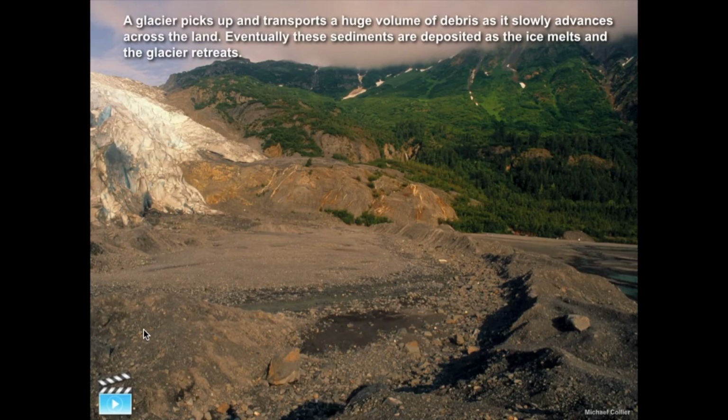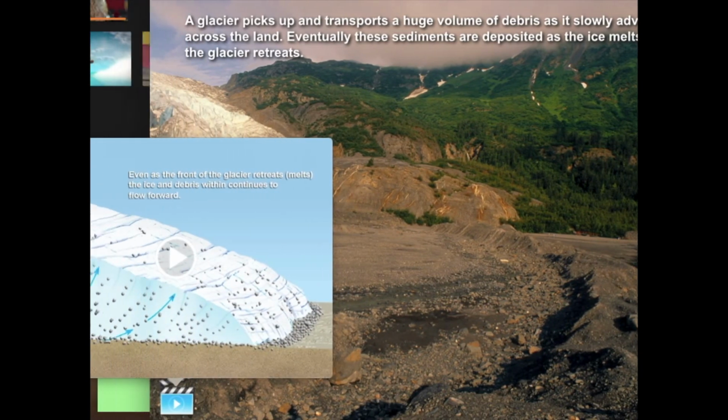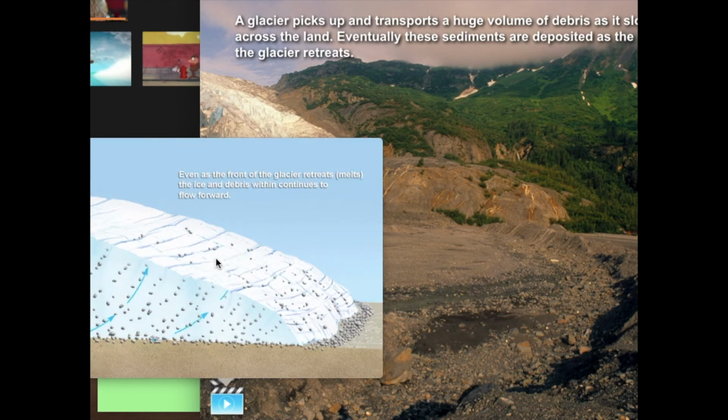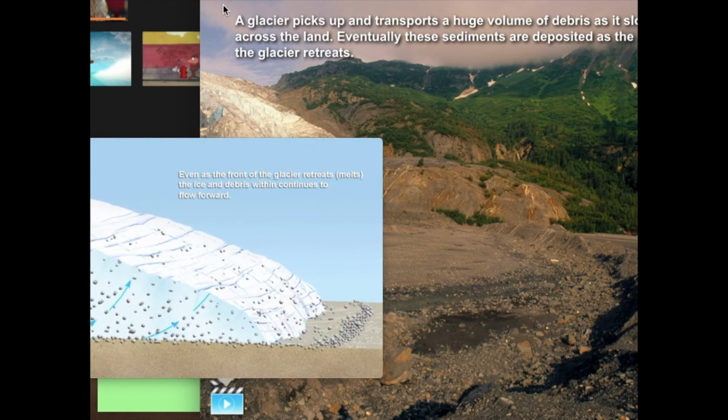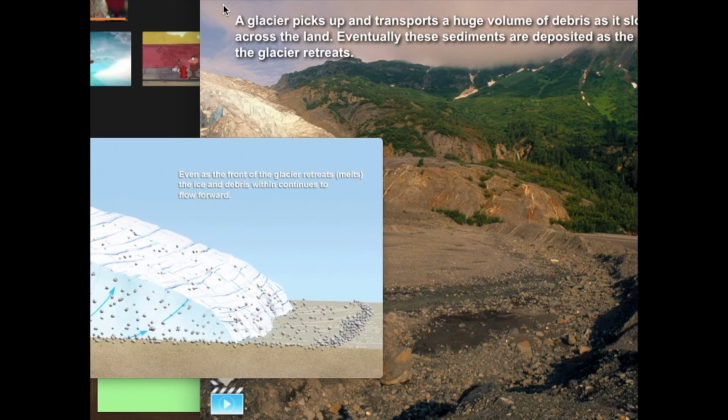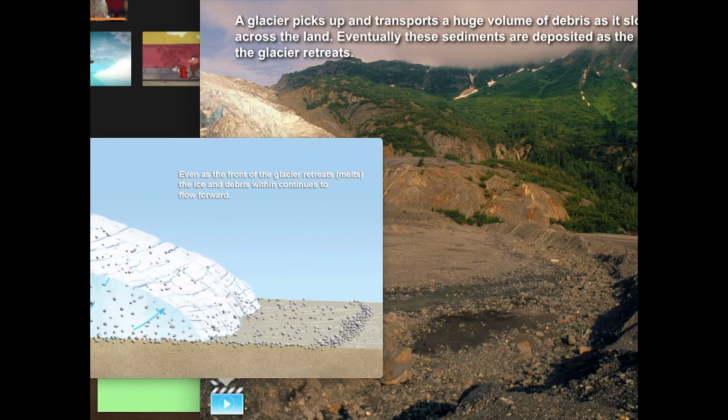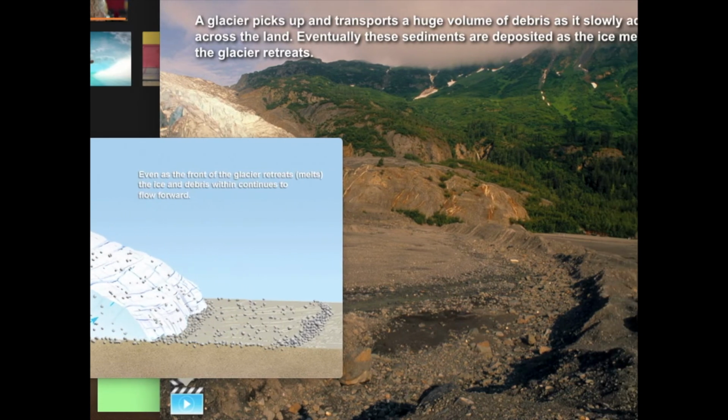A glacier picks up and transports a huge volume of debris as it slowly advances across the land. Eventually, these sediments are deposited as the ice melts and the glacier retreats. Even as the front of the glacier retreats, melts, the ice and debris within continue to flow forward.